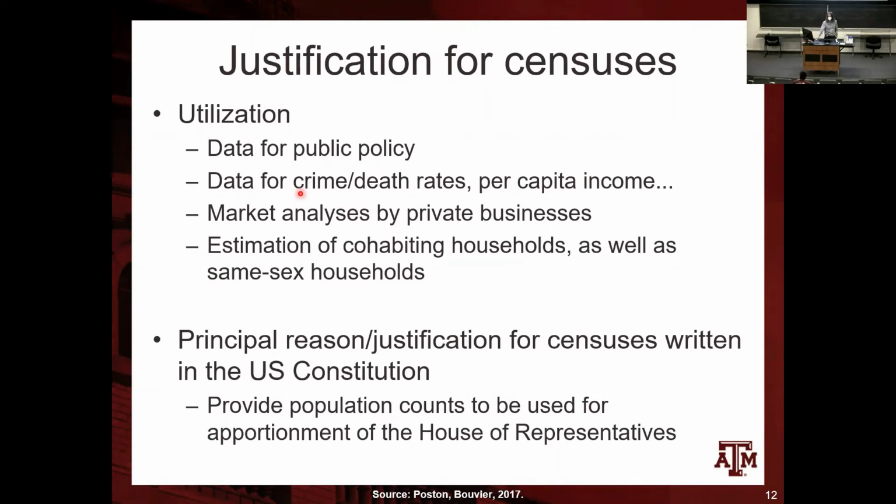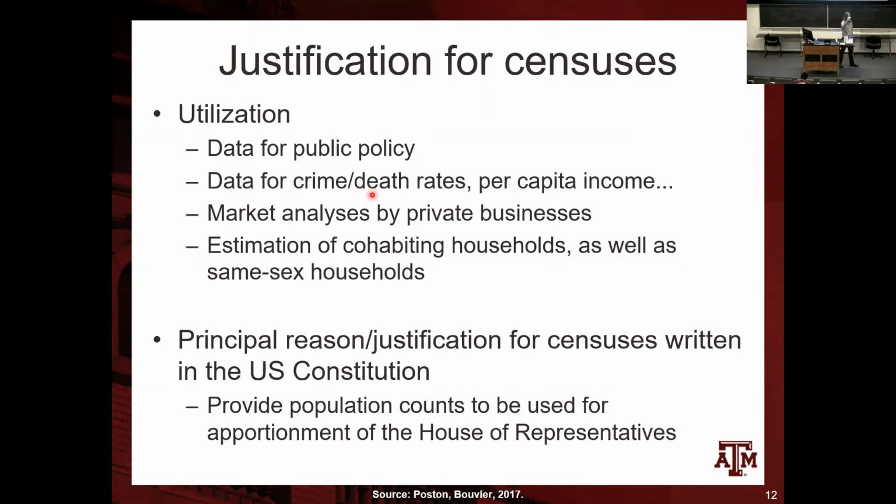We can also use census data, if there are questions about crime and death, to estimate crime and death rates, per capita income. Even private businesses can perform market analysis about specific areas, like the census.